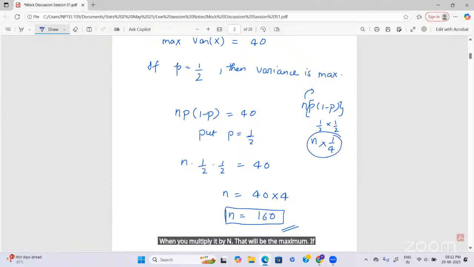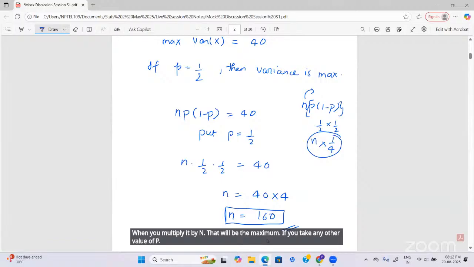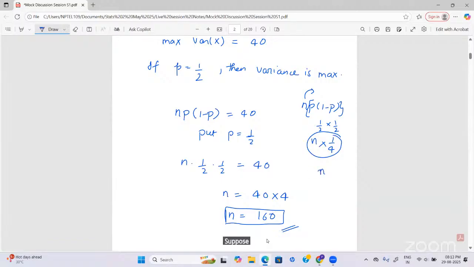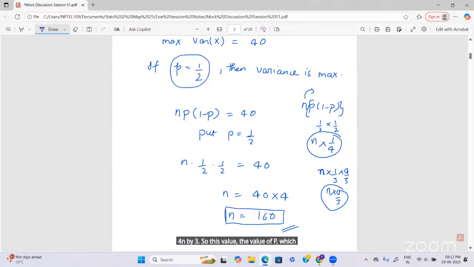If you take any other value of p, suppose p is 1 by 3, then 1 minus p will be 4 by 3, and then you have to multiply n into 4 by 3. Now you can see that n by 4 is greater than 4n by 3. So the value p equal to 1 by 2 will always give you the maximum variance.